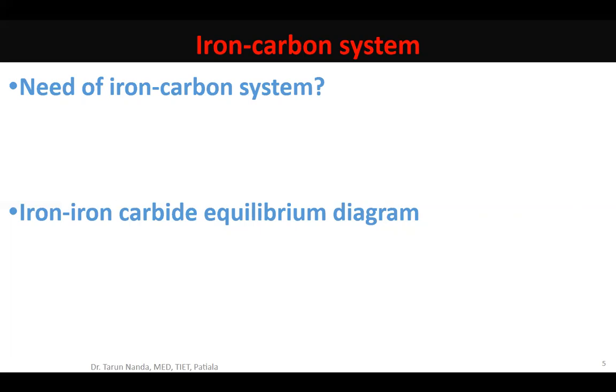To understand that, please think in practical terms. If I have to form the iron carbon system, I have to start mixing carbon into iron, starting from 0% carbon, then 0.01 percentage carbon, and then I'll keep on increasing. So the first extreme would be that I start with 100% iron and 0% carbon, and then the composition would be increased.